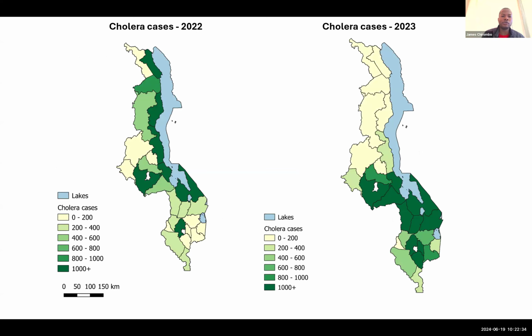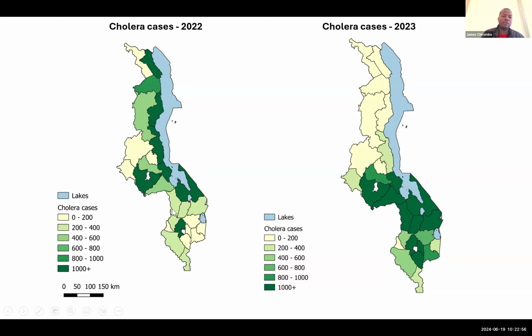In 2022, the northern part of the country seems to have a lot of cases. But if you go to 2023, the cases have gone down in the north. There's kind of a shift really from the north to the south when we move from 2022 to 2023.